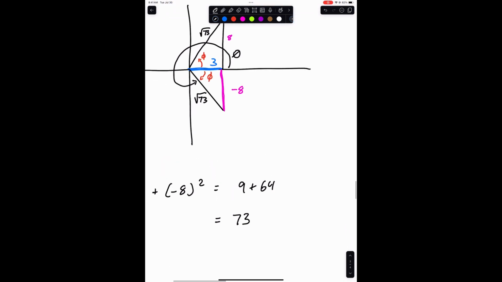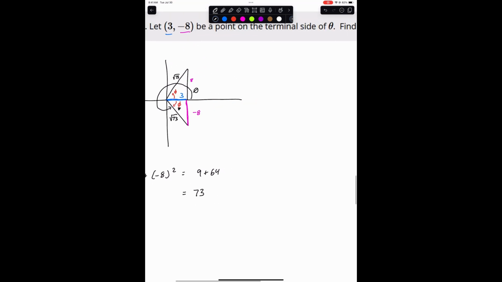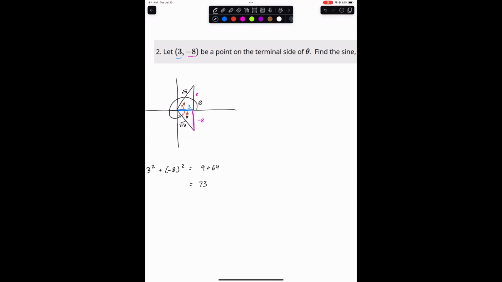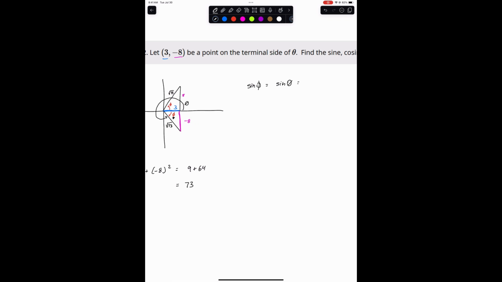But this time I'll just directly solve for phi here. So my sine of phi, which is equal to sine of theta, is equal to opposite over hypotenuse. So that is negative 8 over square root 73.